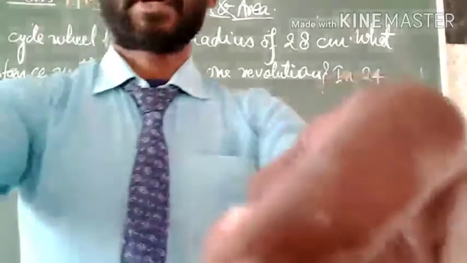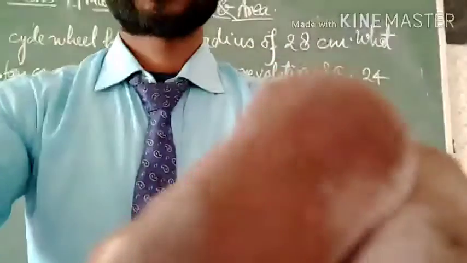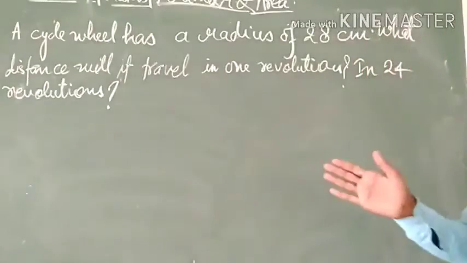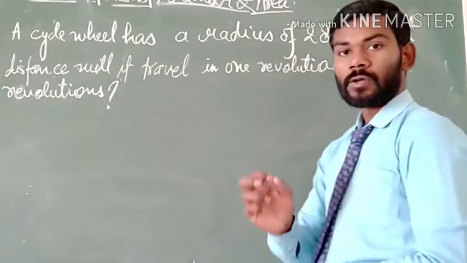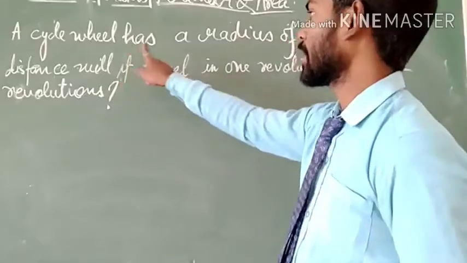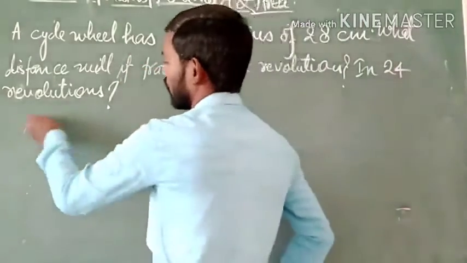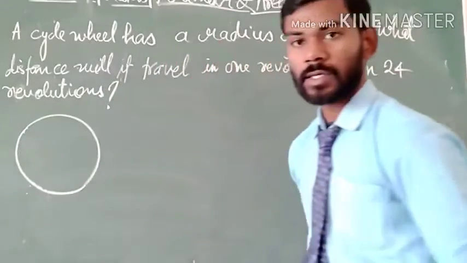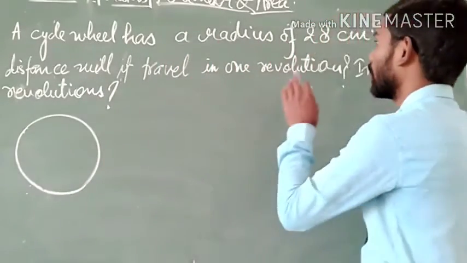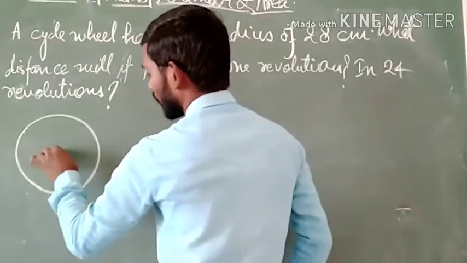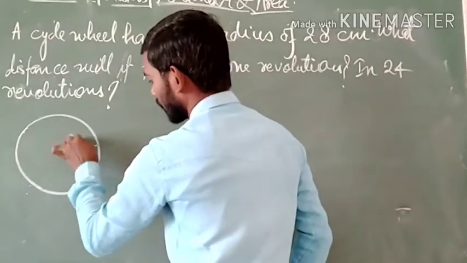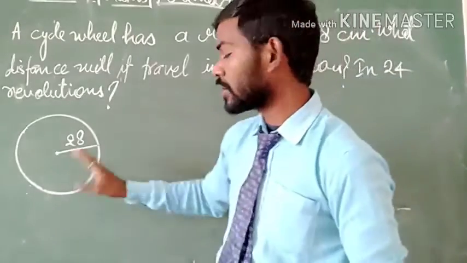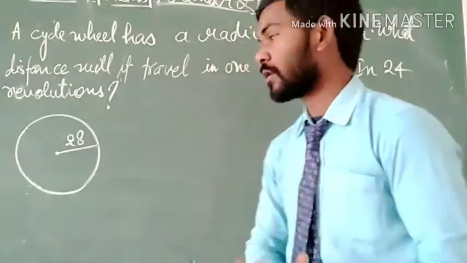So now let us see our solution. First of all, read the question carefully. Question says that a cycle wheel. So draw a cycle wheel. This is a cycle wheel of radius 28 centimeter. Means the stick in the wheel is 28 centimeter long.